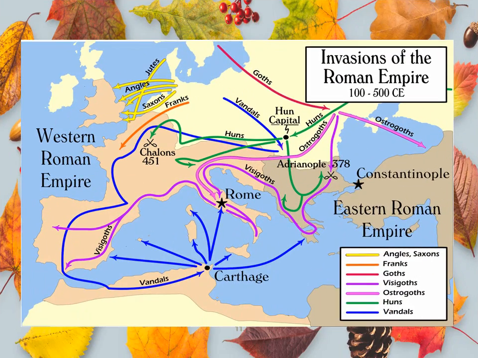Now, here you can have a look at the map, and in this map, how this huge region of the Roman Empire, the Eastern and the Western Roman Empire, had so many invasions from 100 CE to 500 CE. You can see over here with different colors they have put the names of the various tribes coming over and taking the regions of the Roman Empire.